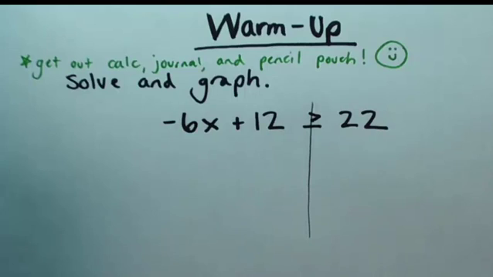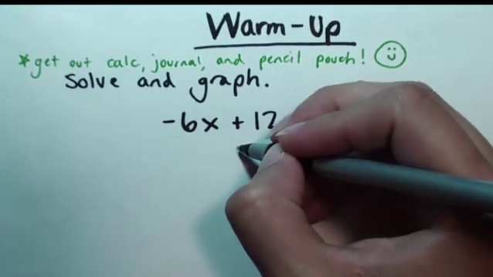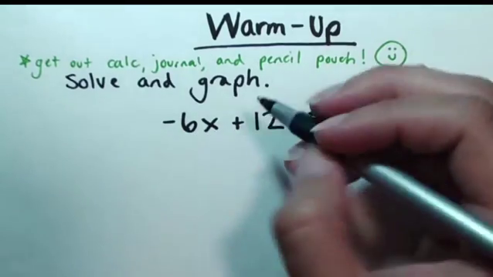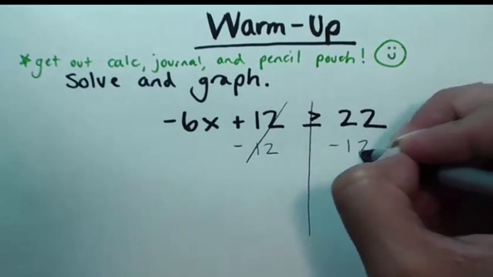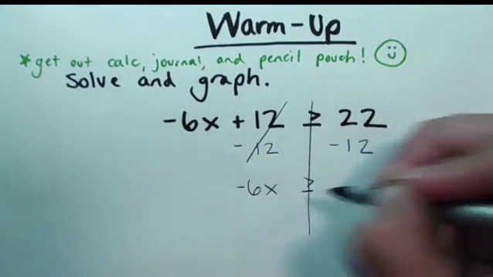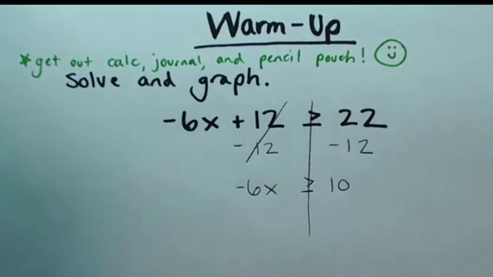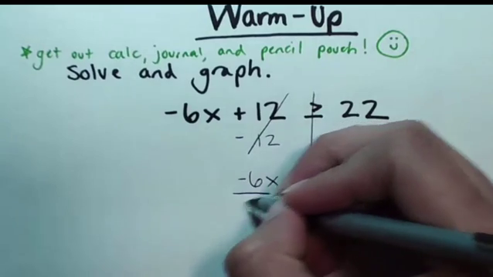So if I want to isolate the variable x, I'm going to take away 12 on both sides, which means I'm left over with negative 6x is greater than or equal to 10. From here, I need to get x by itself, so I'm going to divide by negative 6.